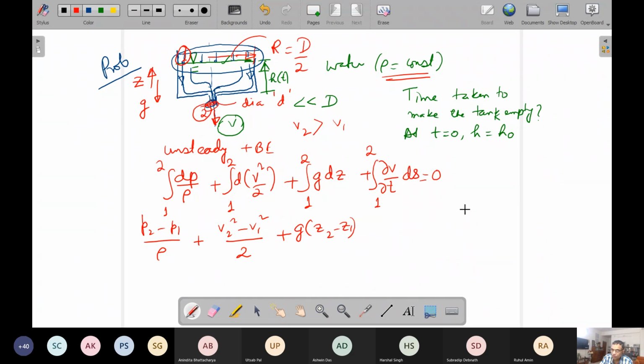Now, what about the unsteady term? So here it is impossible to actually do the integral very fundamentally, because you actually do not know how this entire velocity is varying very close to this bend or abrupt change in cross section.